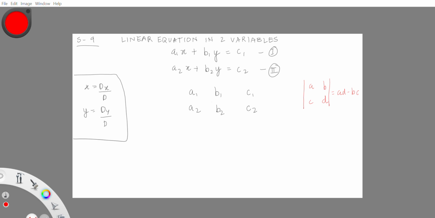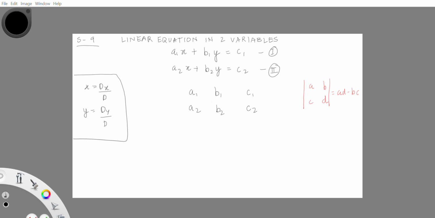Now in order to find d, we need to eliminate this particular column. Once we eliminate this column, we are left with four values, which are a1, a2, b1, b2, and that will be our determinant d.